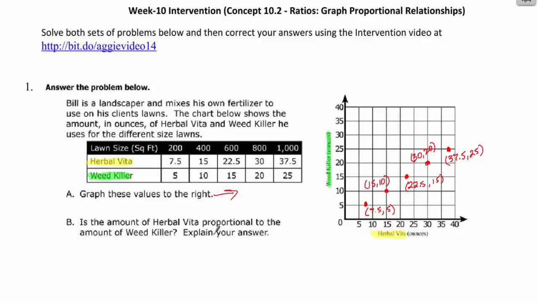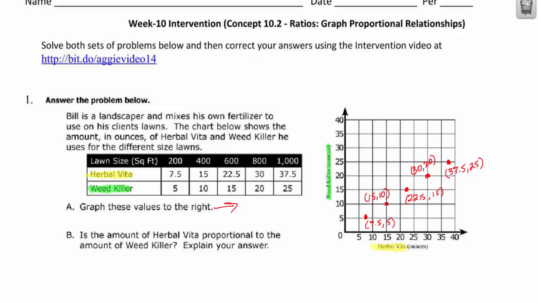Now the question is, is it a proportional relationship? We're going to look at that using two different things. First, we're going to use the line test. If you can draw a line from 0 all the way through the points, that was a horrible line. I meant to grab the fancy line tool here, and I didn't grab it before I started drawing. So let me say that again.